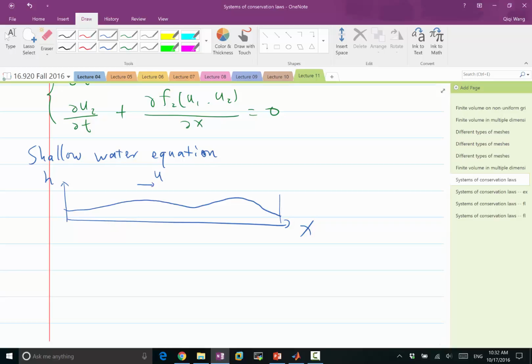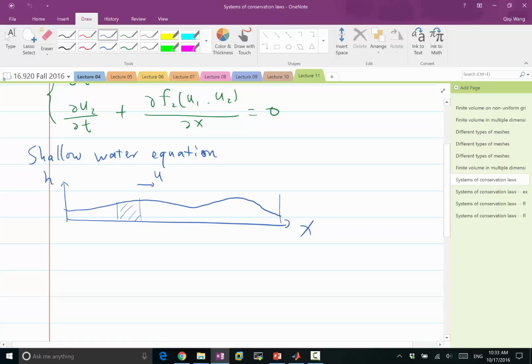And in reality, the reason that h is a conservative quantity is because we are modeling water as incompressible. So h integrated over x is what? If you integrate h over x, it's the volume, how much water you have. And velocity doesn't really integrate to be a conservative quantity.